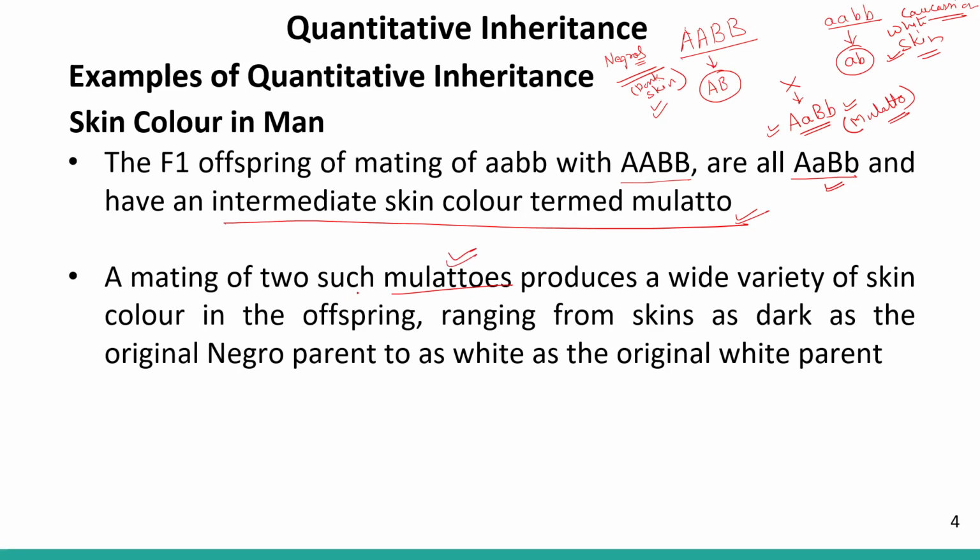A mating of two such mulattoes produces a wide variety of skin color in the offspring, ranging from skin as dark as the original Negro parent to as white as the original white parent. So there will be offspring like the original Negro parent and also offspring with the original white parent's skin.